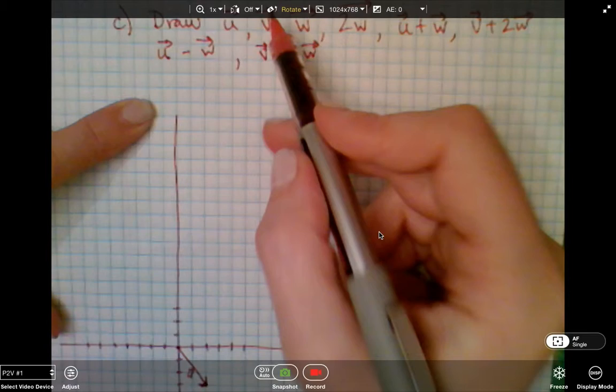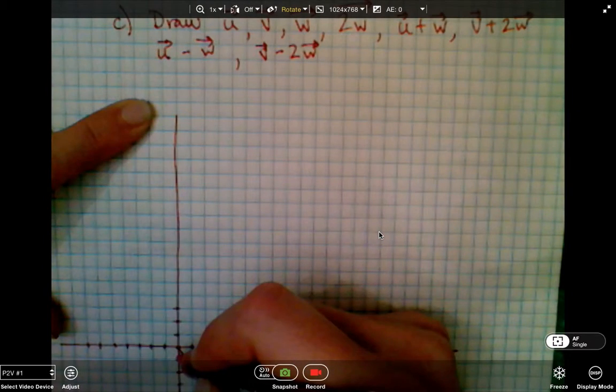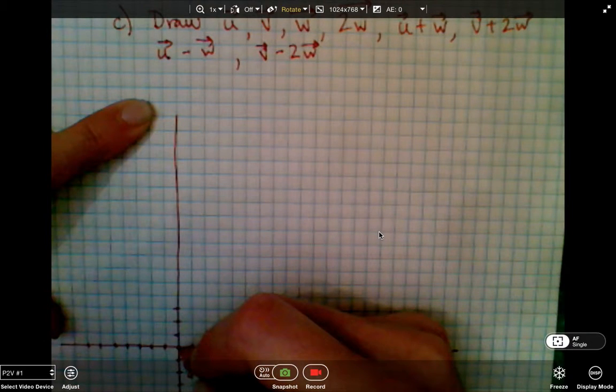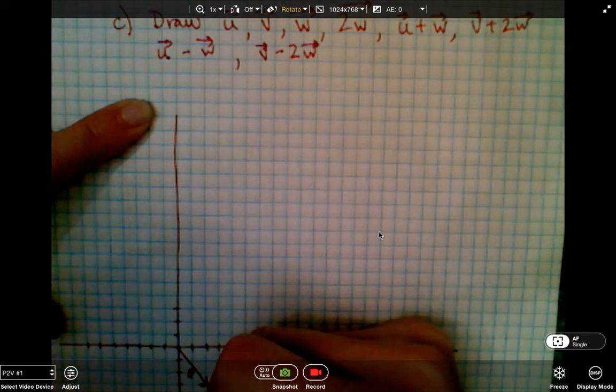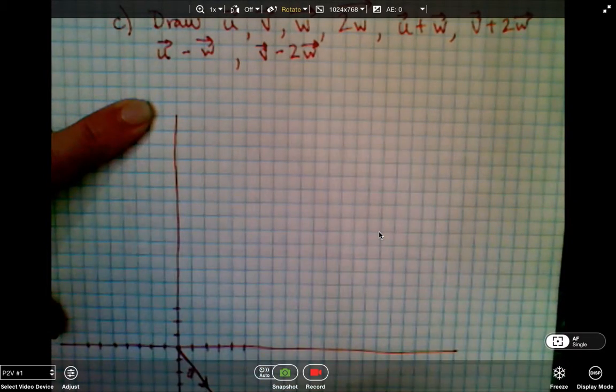And v is basically the same one here, only it's coming down a little farther. So this whole thing is v.